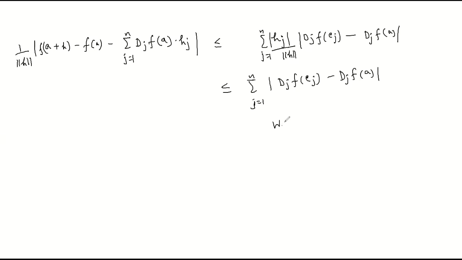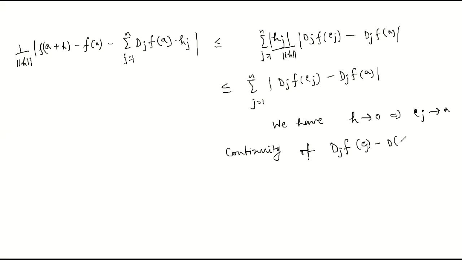Now we have h tends to 0 implies cj tends to a, and by continuity of the jth partial derivative of f for every j between 1 and n, we have that the quantity dj f at cj minus dj f at a tends to 0 as h tends to 0.